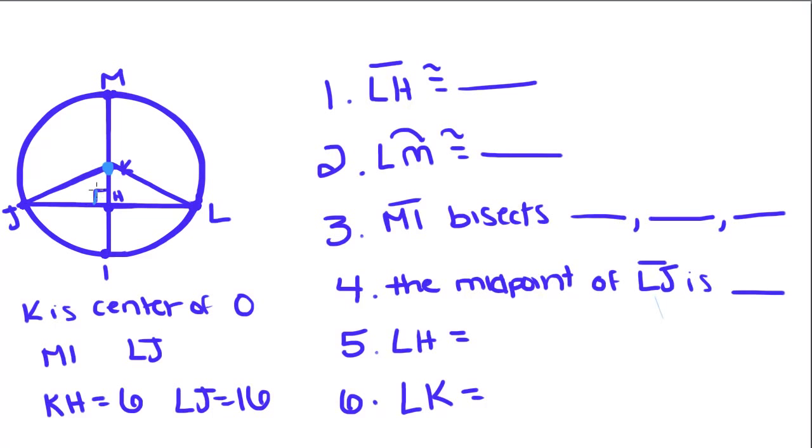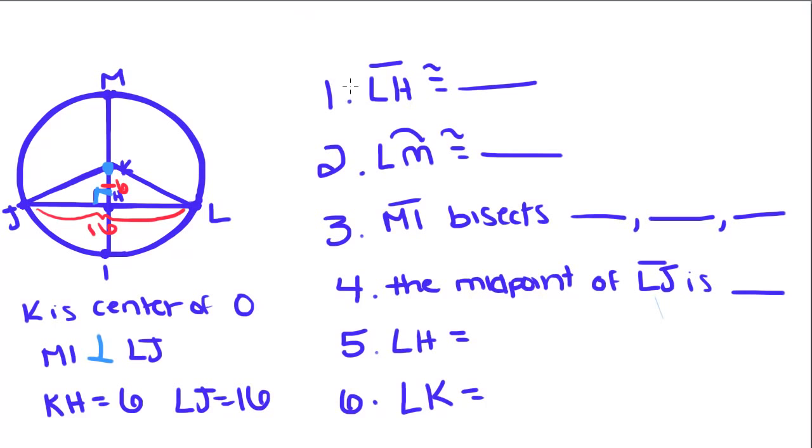Well, since there's a right angle right here, that must mean that MI is perpendicular to LJ, because when they intersect, it forms a right angle. So KH right here is equal to 6, and LJ, this entire thing, is equal to 16.